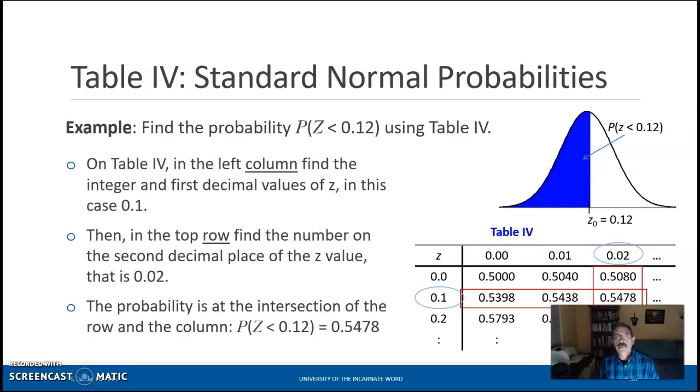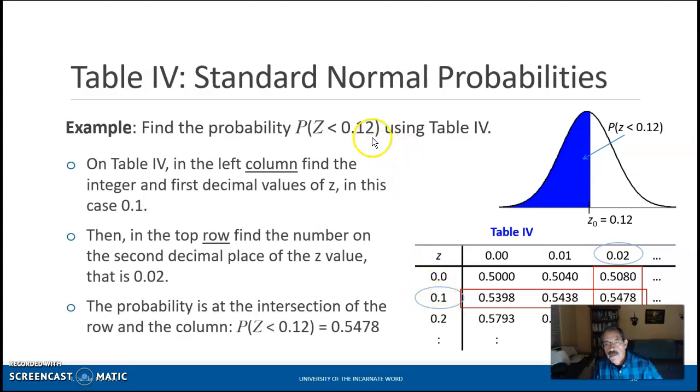All right, here's an example. We want to find the probability that the random variable z is less than 0.12. The first thing to do is find the first part of the z number, 0.1, in the column. Here I copied a piece of table 4, and you see here is 0.1.